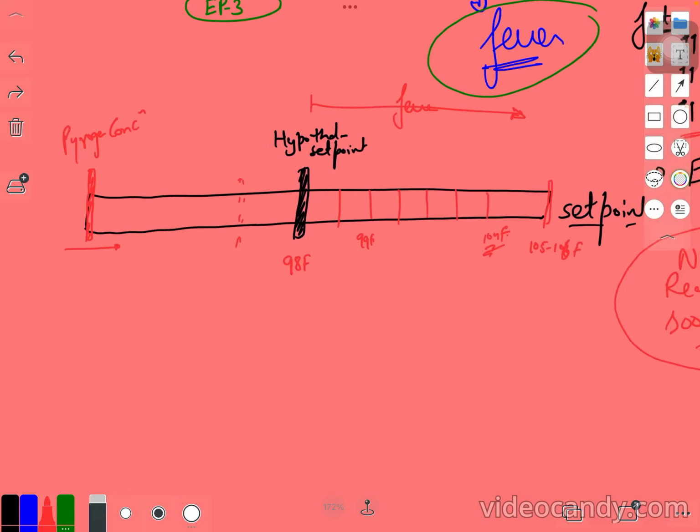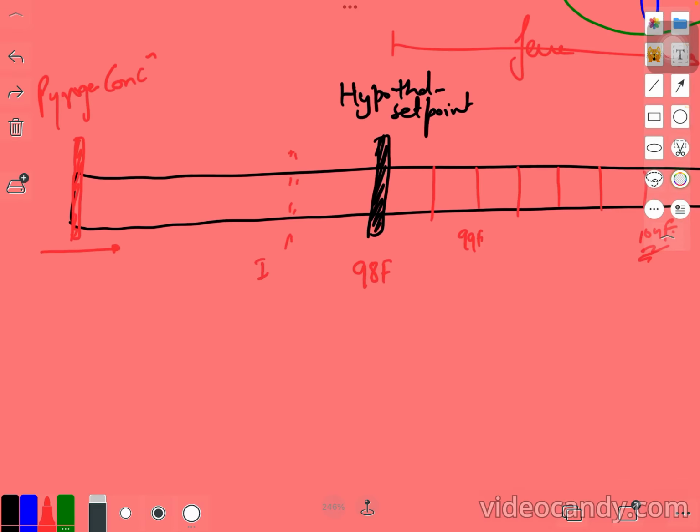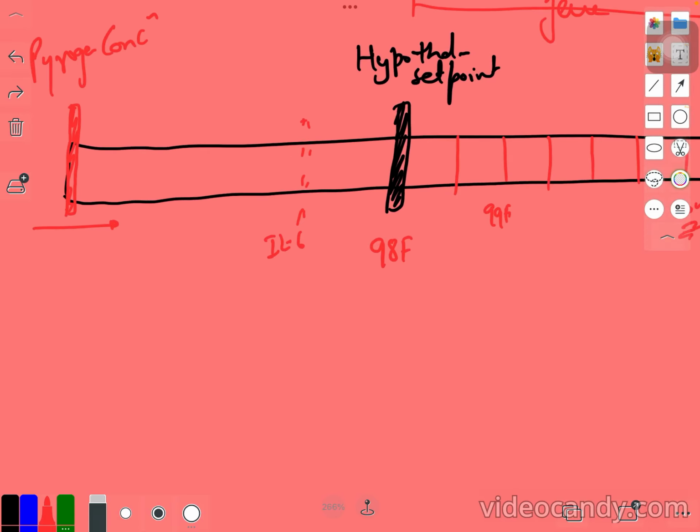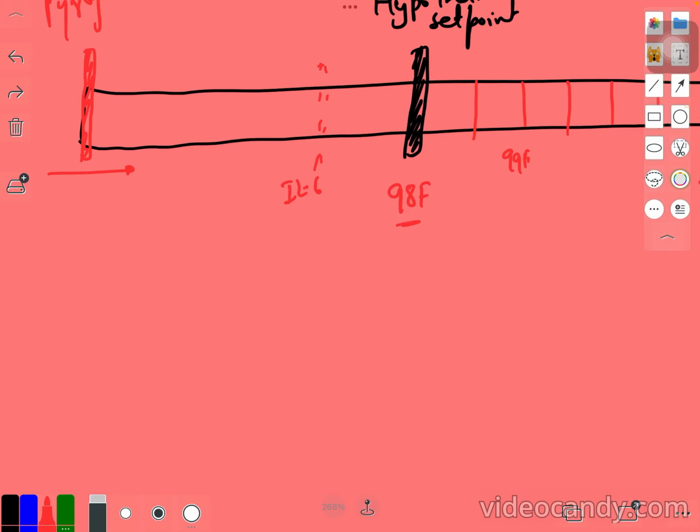Right now just assume it as interleukin 6, because it is everywhere and responsible for so many things. For example, the patient will feel fatigue. Let's say the patient hasn't hit 98 Fahrenheit yet, but the pyrogen concentration keeps increasing.